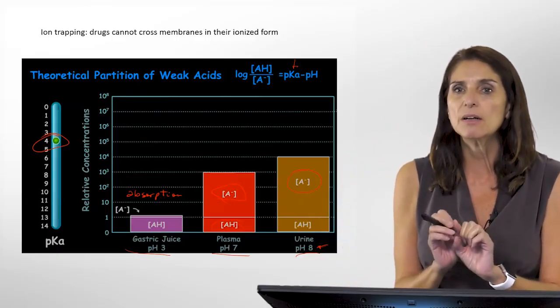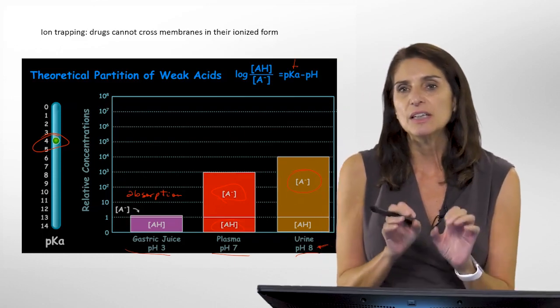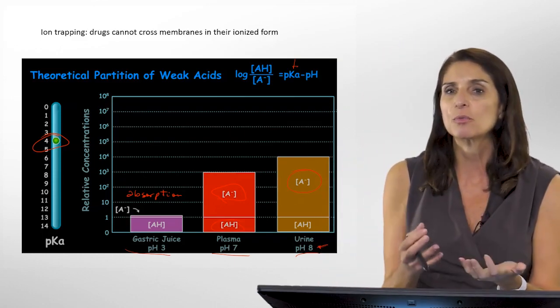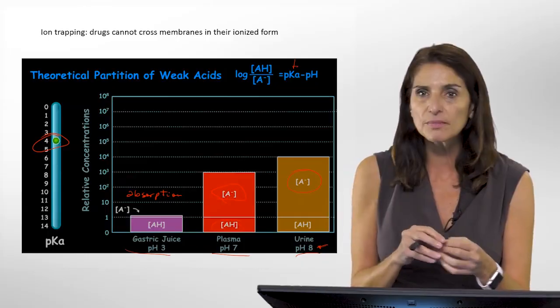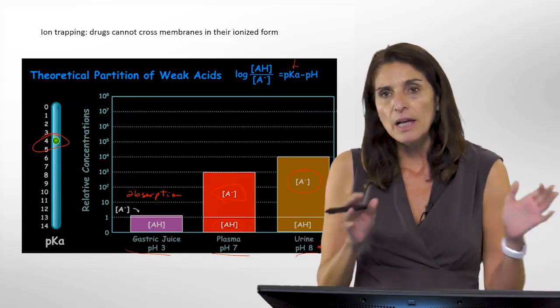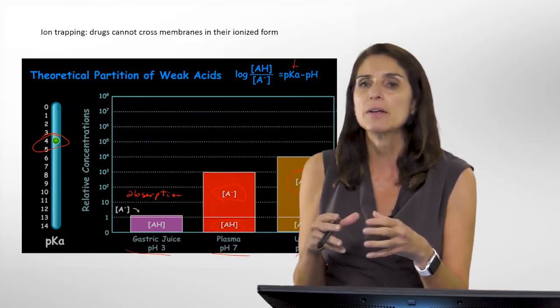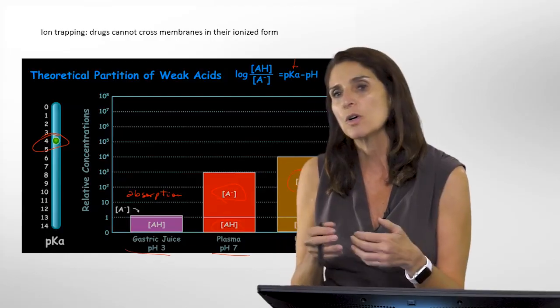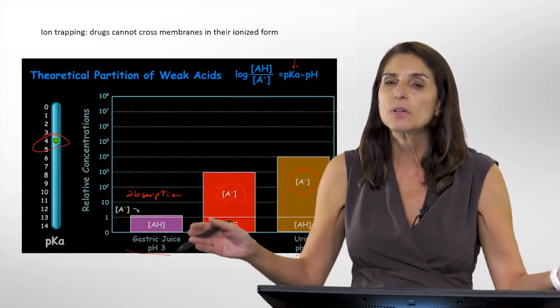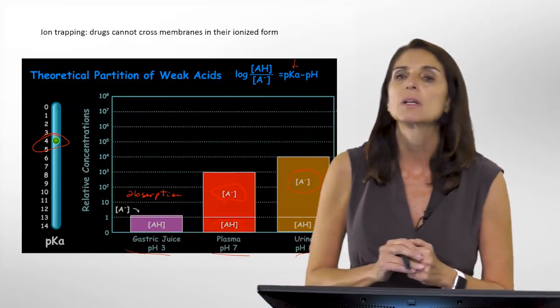What we have seen here is that in the gastric juice, the weak acid is non-ionized and therefore will be distributed very rapidly and absorbed. As we go through the plasma, the drug becomes more ionized and therefore will distribute more slowly, and there will be an equilibrium of distribution to the tissues.